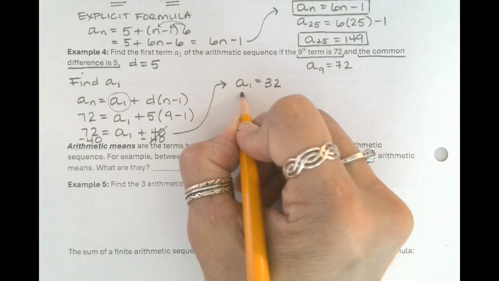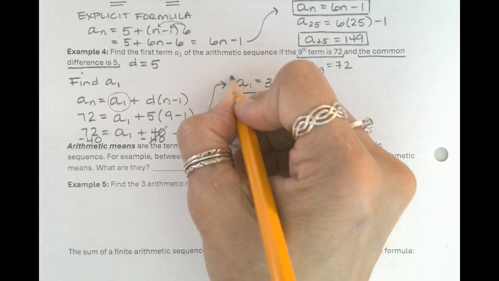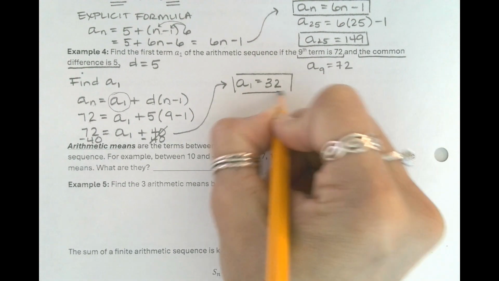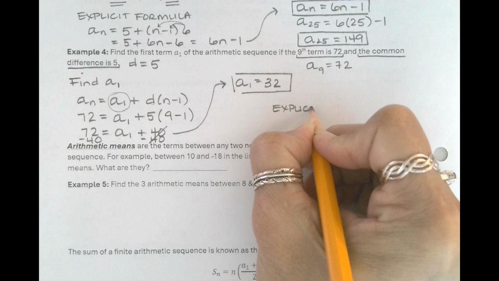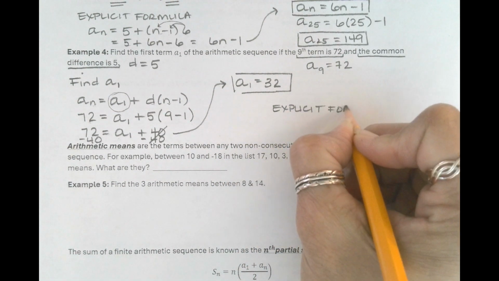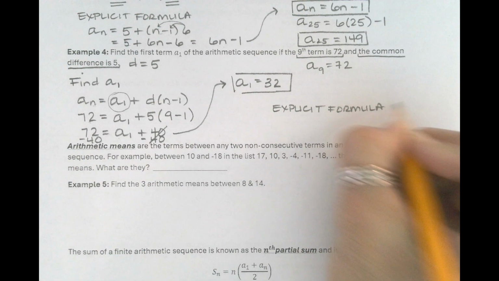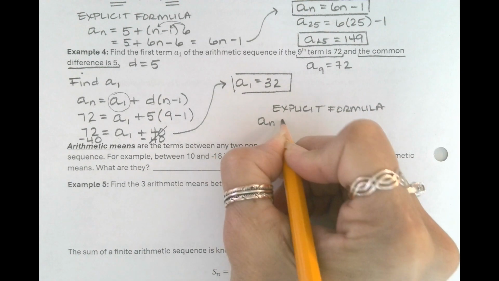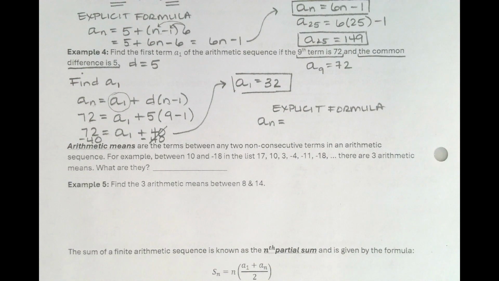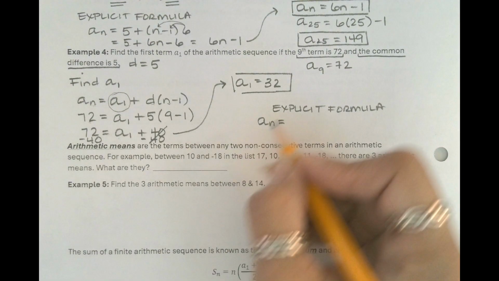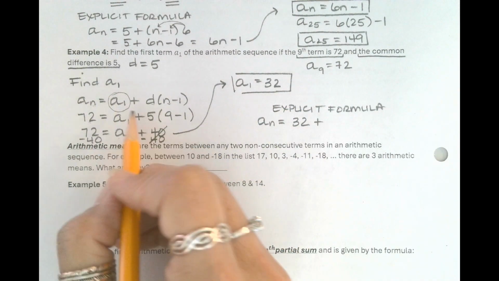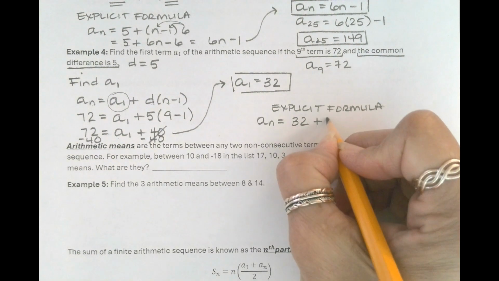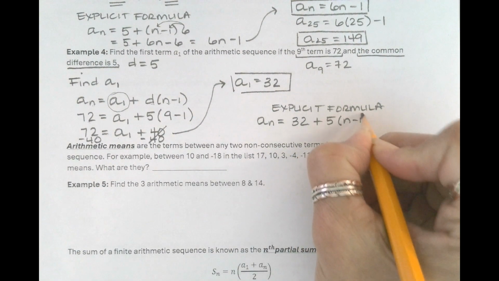And the good thing about finding the first term is that once you have that first term, you can establish what the explicit formula is. Again, here they're not asking us to find it, but let's go ahead and practice writing it out. A sub n equals, remember with explicit formula, I only need you to substitute A1 and D. My A1 we just found, plus the D was given to us as 5 times n minus 1.